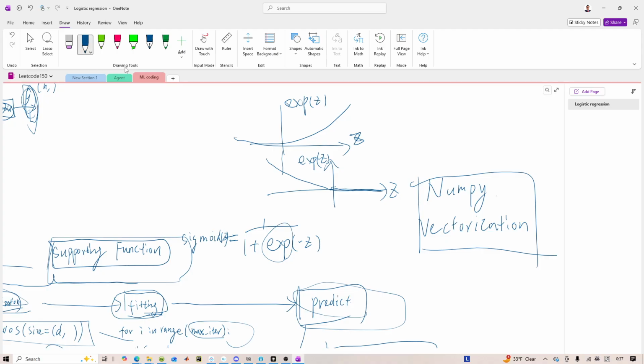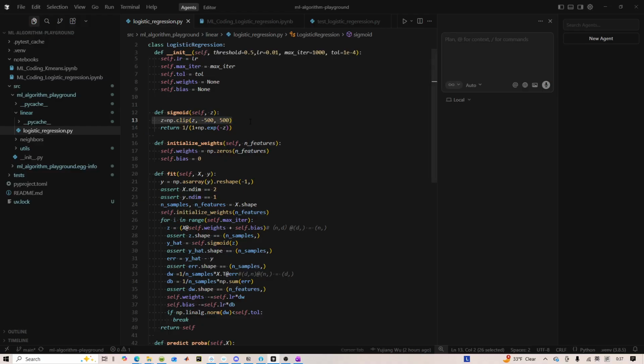For numerical stability, usually what people do is, even if z is infinite or negative infinite, we would always clamp it to be between negative 500 and 500. You can have that or not. That's a numerical stability implementation detail.